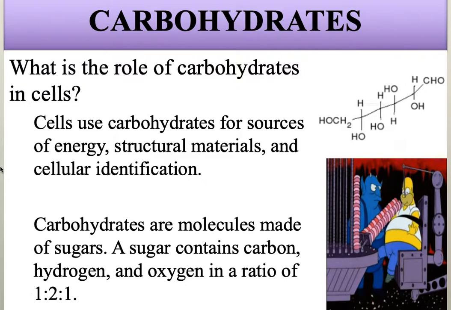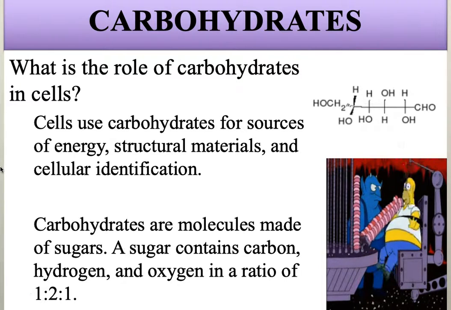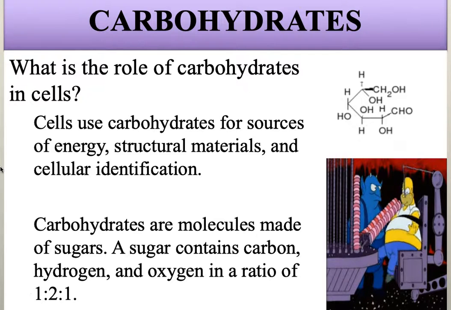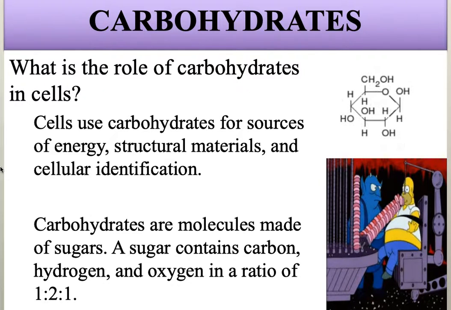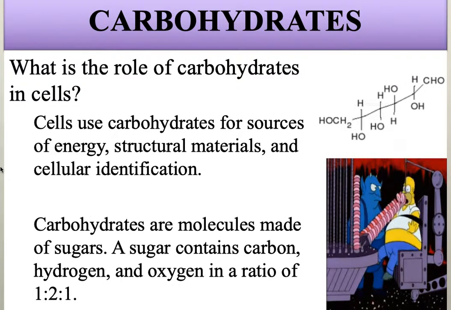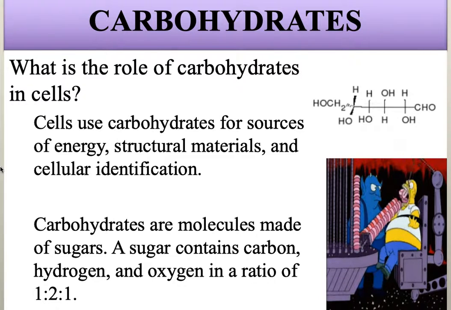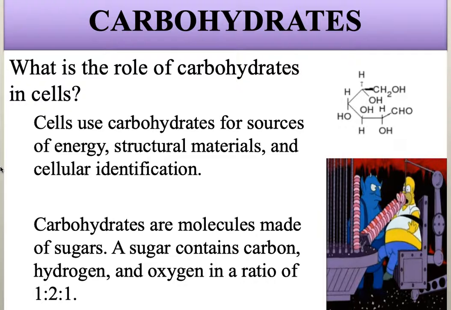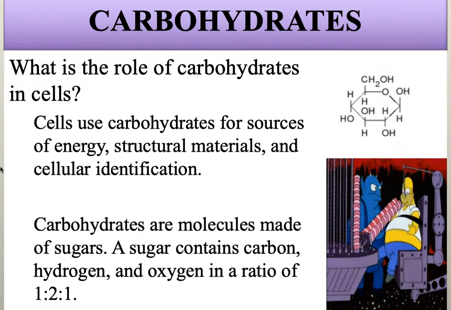Okay, the basic ratio for carbohydrates is that it's going to be a 1 to 2 to 1 ratio of hydrogen to oxygen to carbon. And if that's confusing to you, that's okay. Just think about the ultimate carbohydrate. That's glucose, which is C6H12O6. 6 carbons, 12 hydrogens, 6 oxygens, a 1 to 2 to 1 ratio.